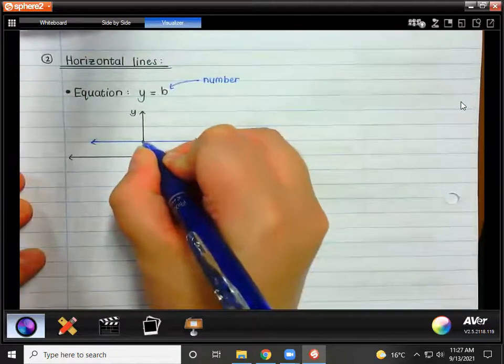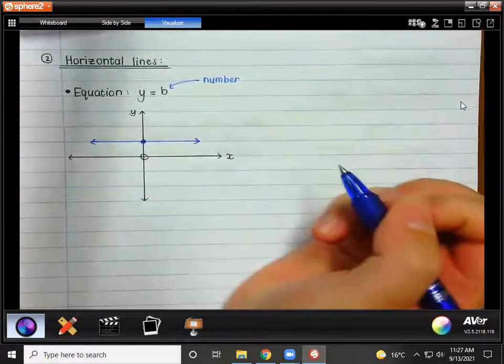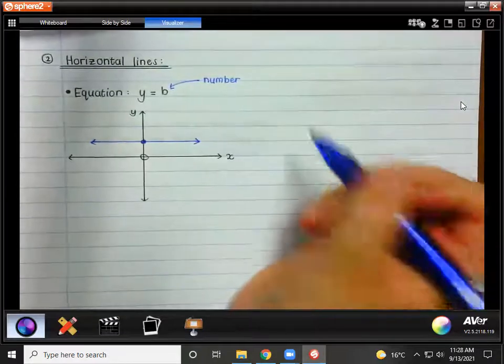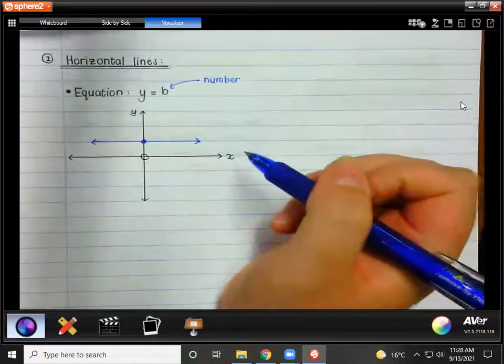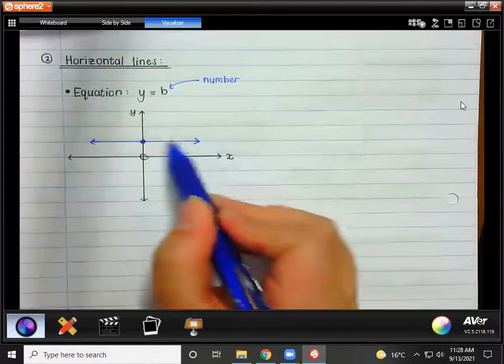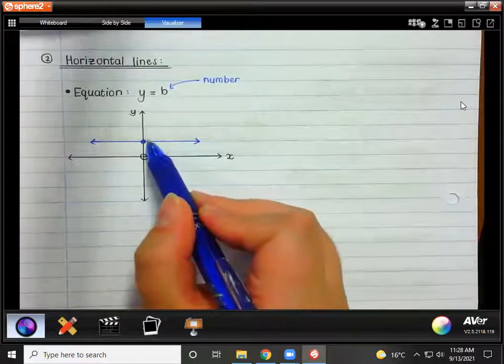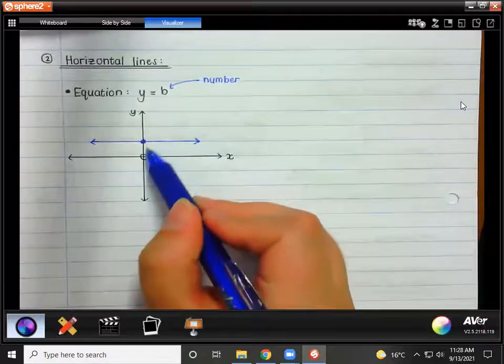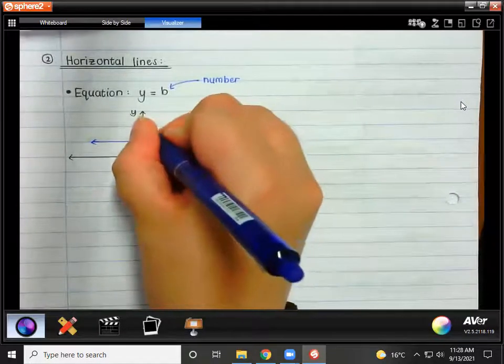Now we're not going to plot a whole bunch of points. We'll just plot the one that's on the y-axis, where your horizontal line cuts the y-axis.